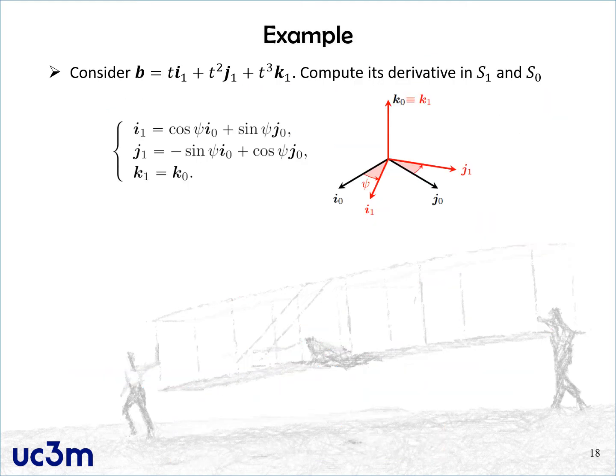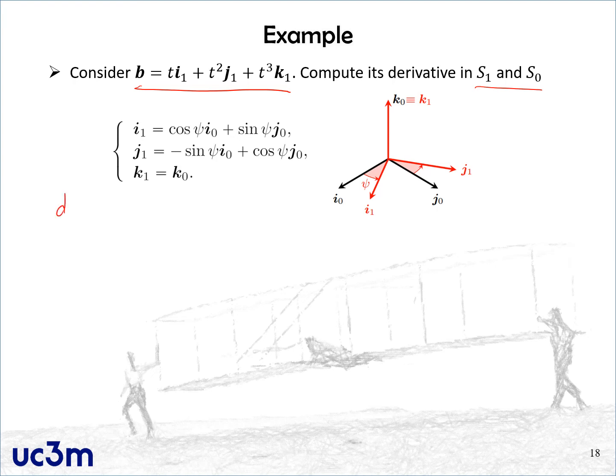So let us consider this example. Imagine that we have this vector which is expressed in vector basis 1, and clearly it's not constant in reference frame 1 because the components depend on time. Imagine, moreover, that S1 and S0 are related by this simple rotation, the same one that we had before, all right? So let us see how we can compute the derivatives of B in one reference frame and the other.